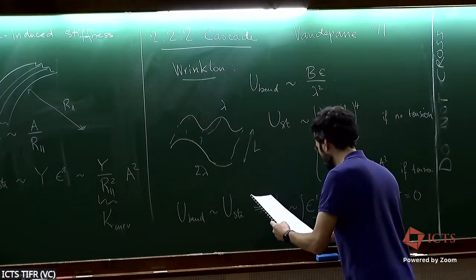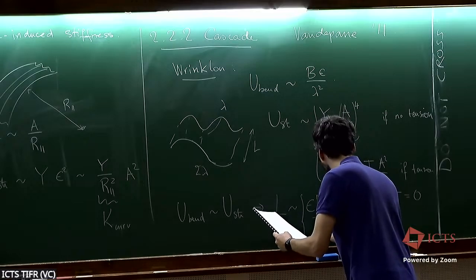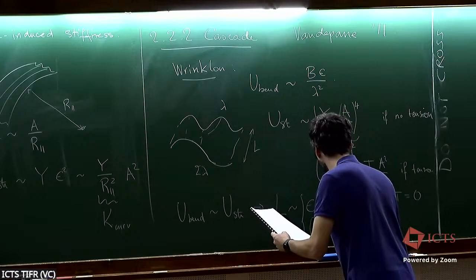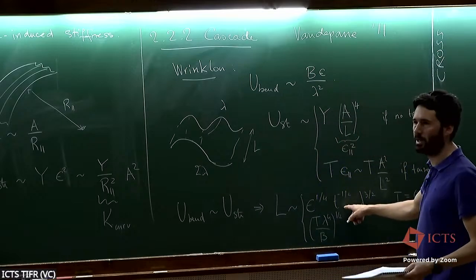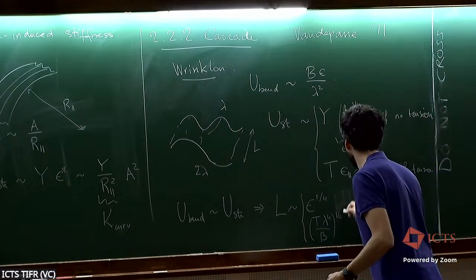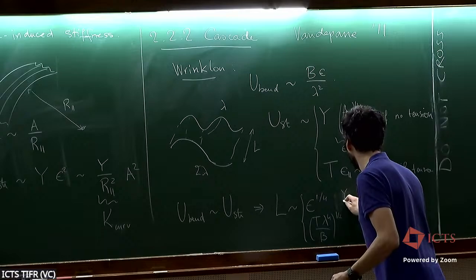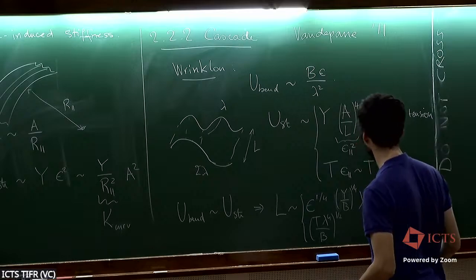Okay, you have T, lambda to the 4 over B, to the 1/2. Here I use the thickness, which is, by the idea, thickness to the minus 1/2 is actually Y over B to the 1/4.